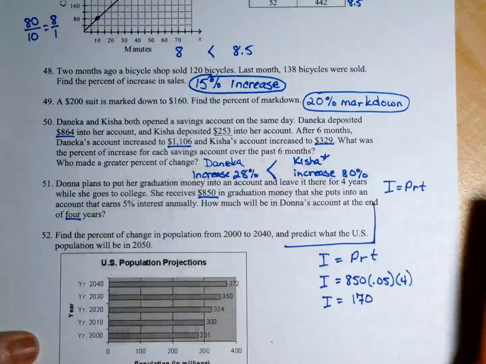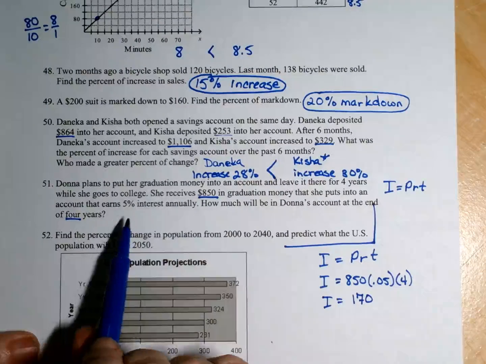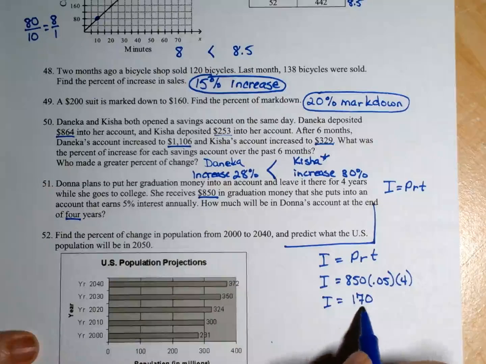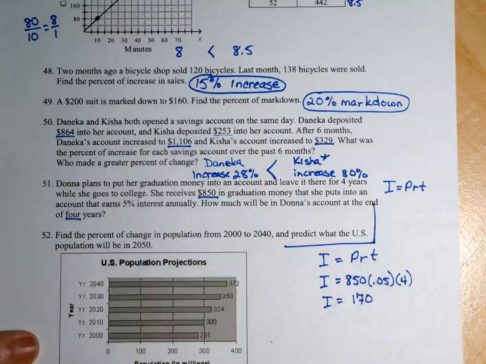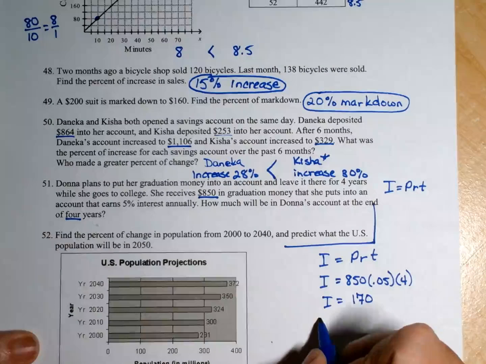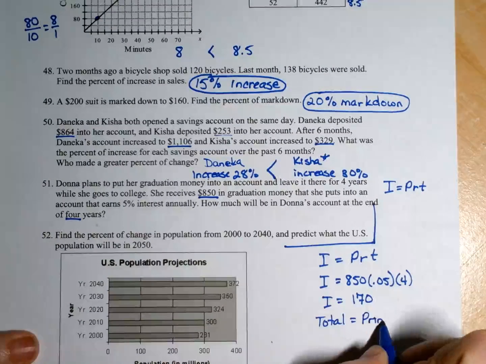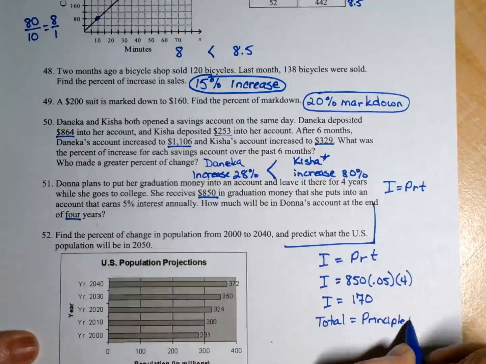Okay, now, does that answer this question? This is what's going to be added to the $850 that she had. So her total equals principal plus interest.